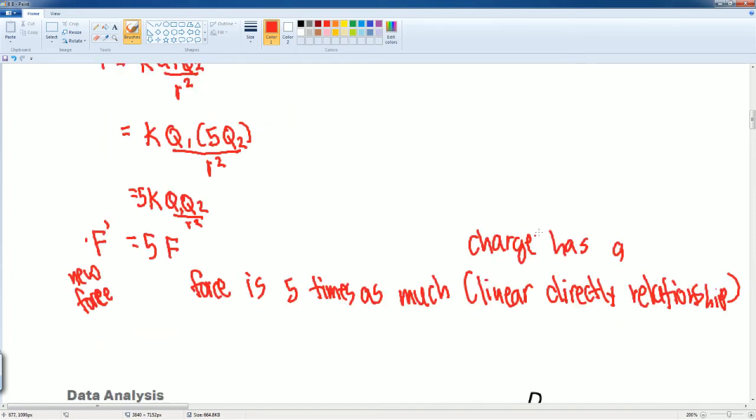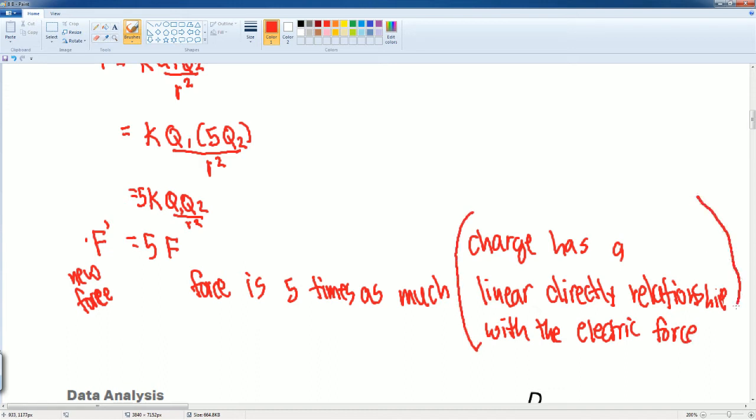I should write that here. That might be very useful for you to memorize. The charge has a direct linear relationship with the electrical force. The electrical force, I don't like that word, but okay. The electric field, maybe. There you go.